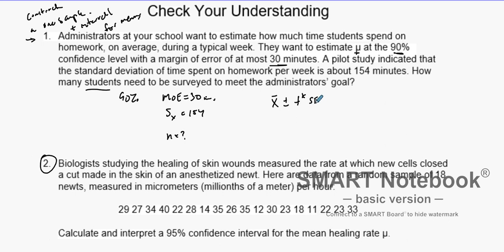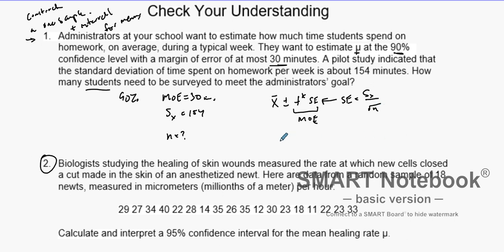That together equals our margin of error. And the standard error is equal to the standard deviation of our experiment divided by the square root of n.